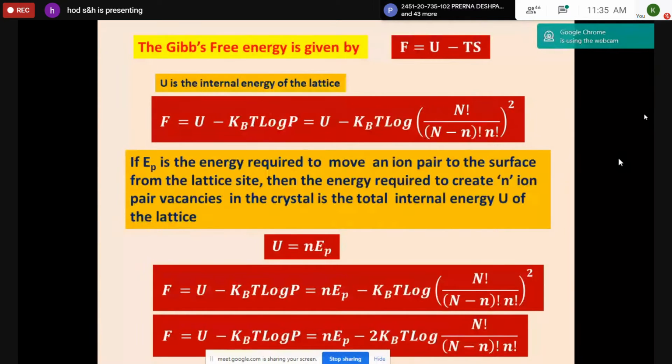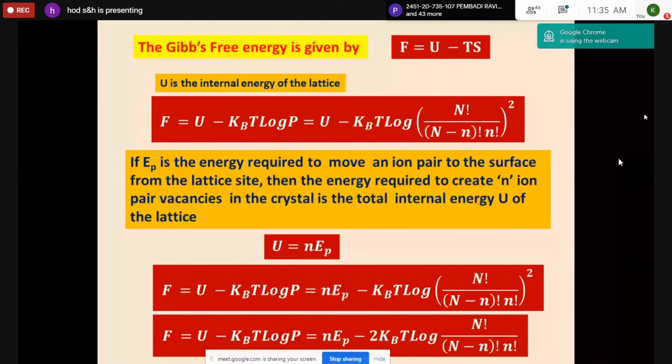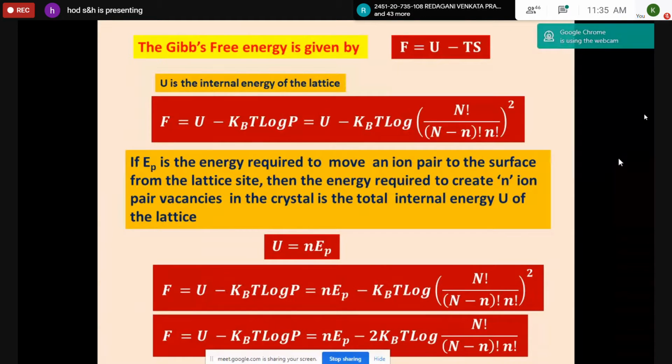U is the internal energy, T is absolute temperature, and S is the entropy. For S, you can substitute Kb log of N factorial by (N minus n) factorial into n factorial, whole square. Now, as I said, EP is the energy required to move an ion pair from the lattice inside to the surface. So EP is the energy to move one pair.